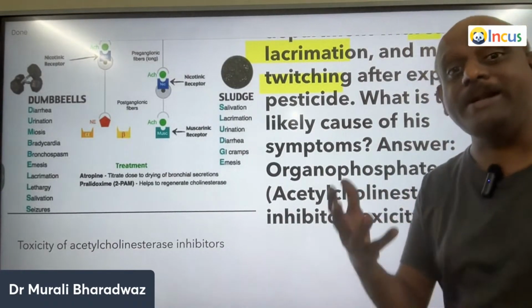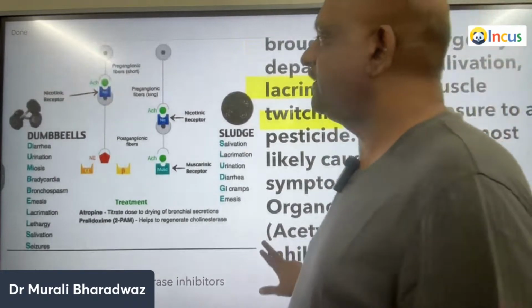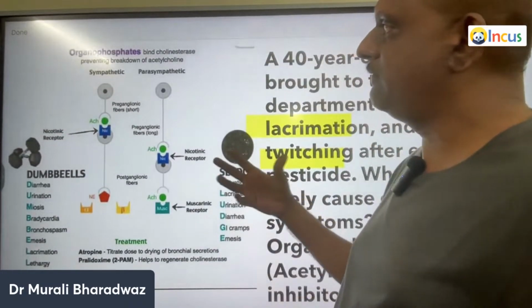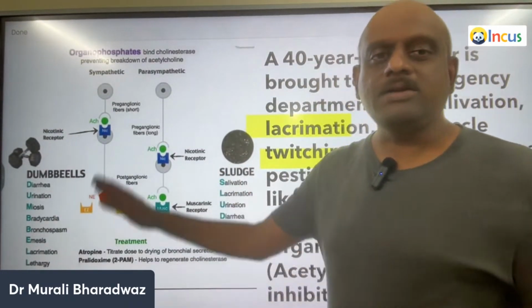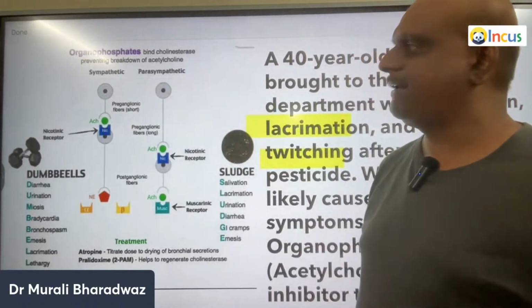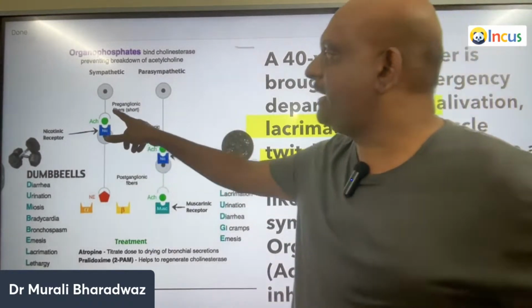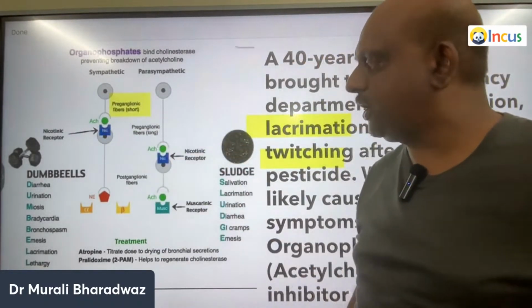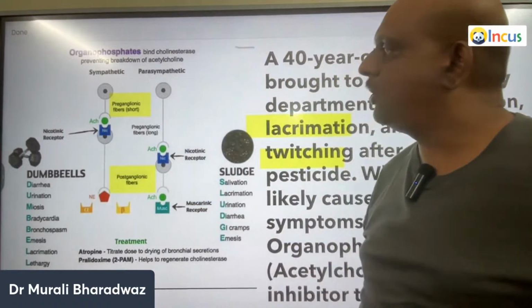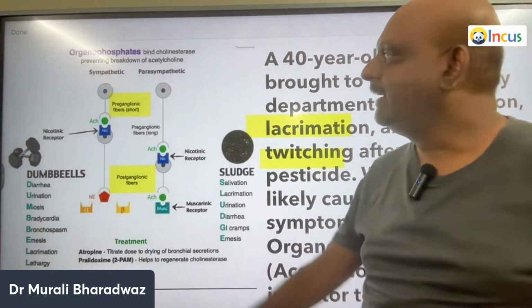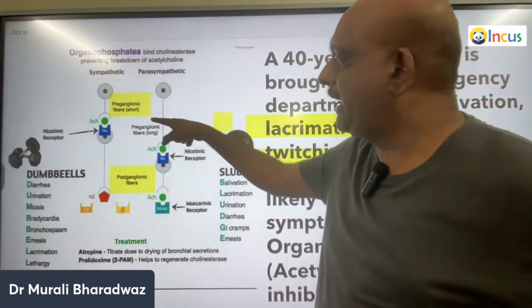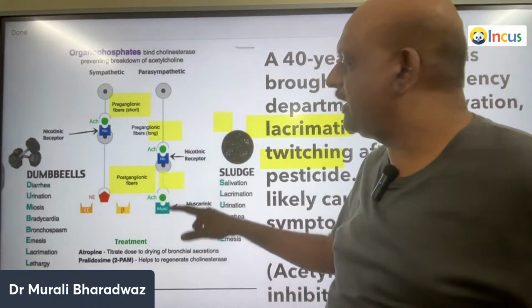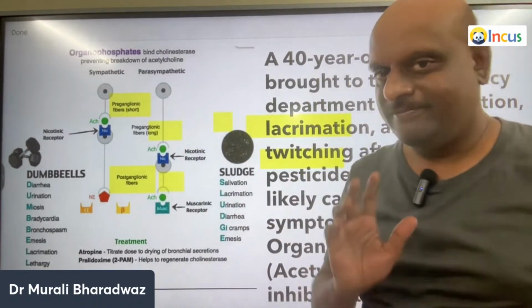It is cholinomimetic in nature. Because of that cholinomimetic excess amount of acetylcholine, there are some sympathetic and parasympathetic effects. So if you look at sympathetic, the preganglionic fibers are short, postganglionic fibers are long, right? Parasympathetic, the preganglionic fibers are long, postganglionic fibers are short, right?